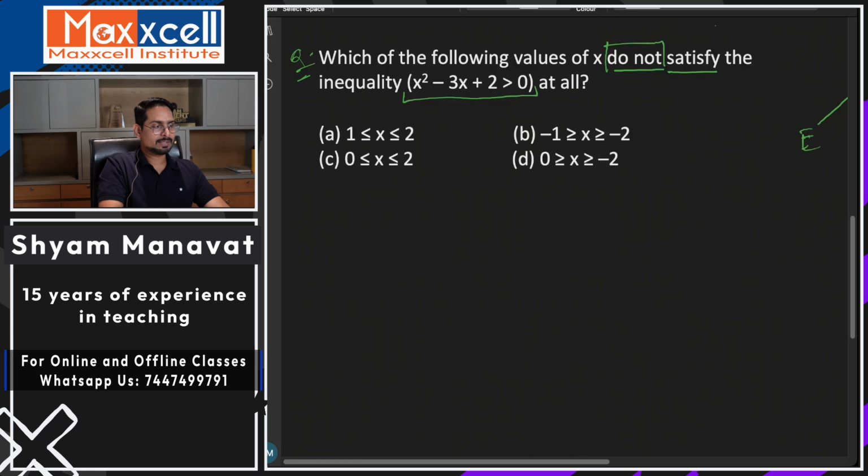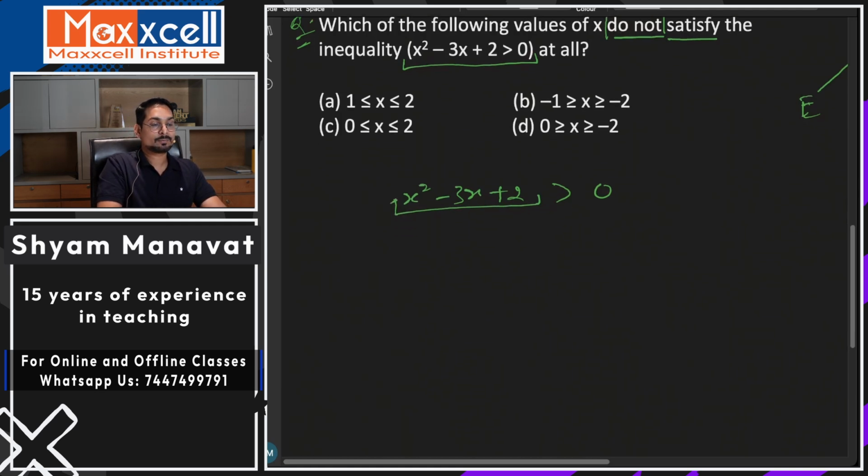So we have learned that if the quadratic expression, that is x square minus 3x plus 2, is more than 0, where a, which is the coefficient of x square, is positive, in that case, what satisfies this inequality is the values which are beyond the roots, less than the smaller root and more than the greater root.